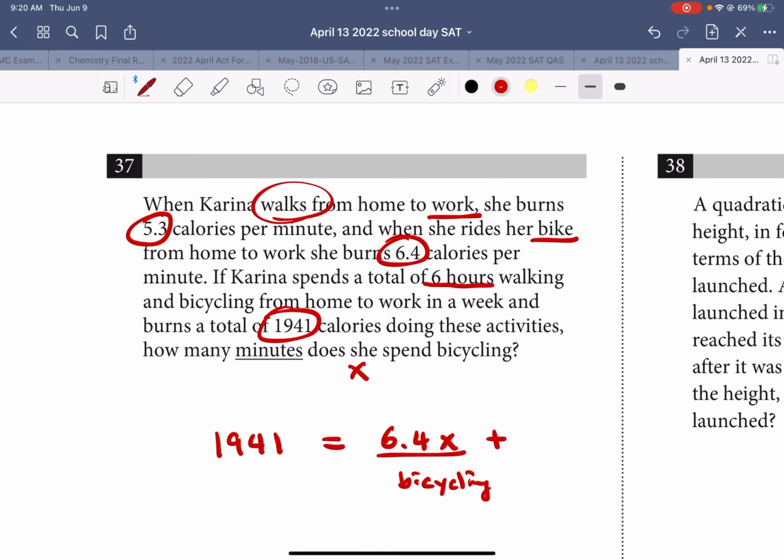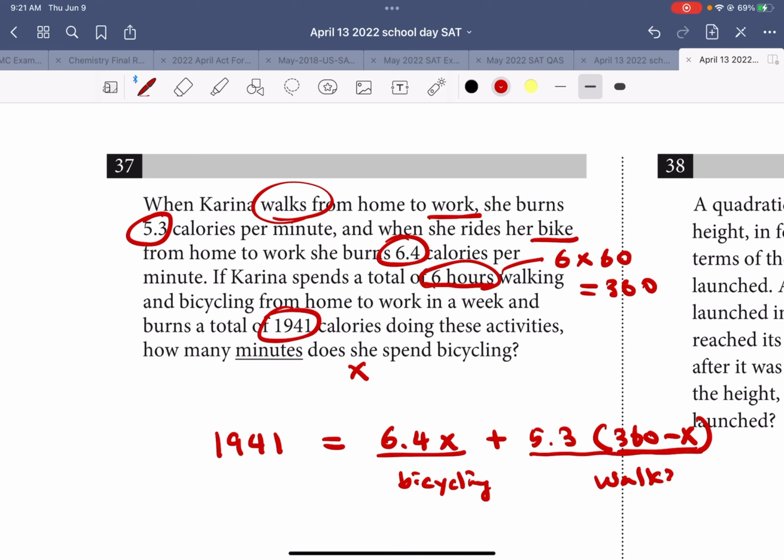And the calories burned by walking is 5.3 times... now, here's the thing. 6 hours you have to change into minutes. So 6 times 60 is 360, that's the total exercising time. So 360 minus x is the rest of the time for walking. So this one is by walking.